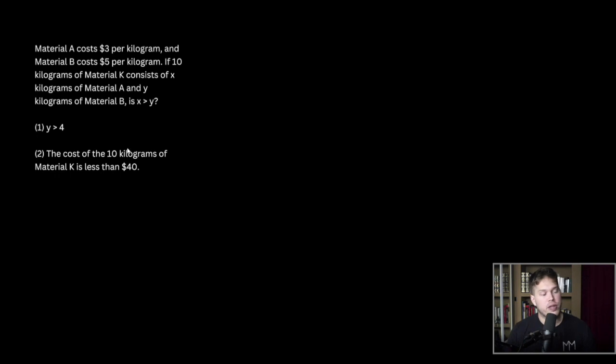Material A costs $3 per kilo, and material B costs $5 per kilo. If 10 kilograms of material K consist of X kilograms of material A and Y kilograms of material B, is X greater than Y? So this question tells me that material K is equal to X kilos of material A, which cost $3, of course, plus Y kilos of B, which is $5.